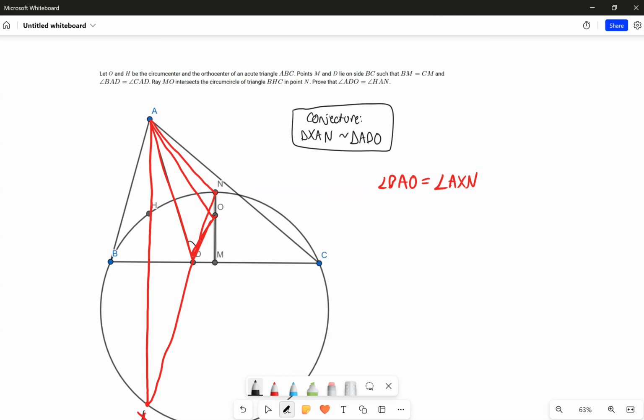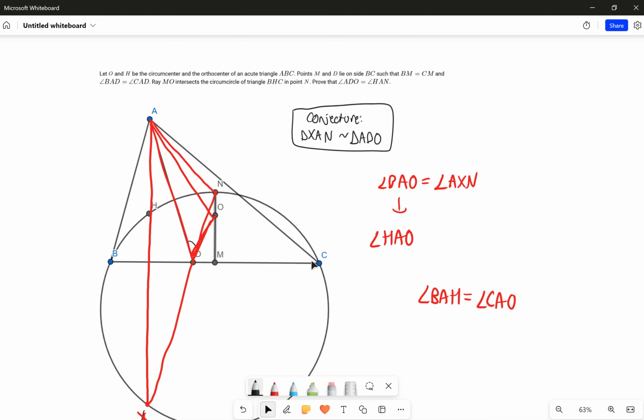So angle DAO, it turns out that it's equal to angle HAD because AH and AO are isogonal segments, which means that angle BAH is equal to angle CAO. I won't give a detailed proof here, but the main idea is that this angle here is 90 minus B, and since angle AOC is 2B, that means that this angle is also 90 minus C because AOC is isosceles.